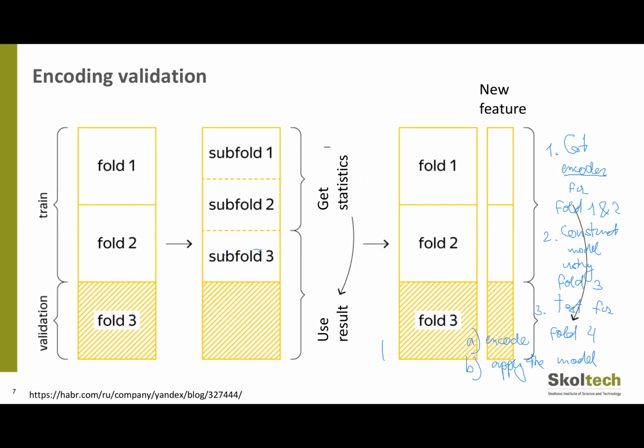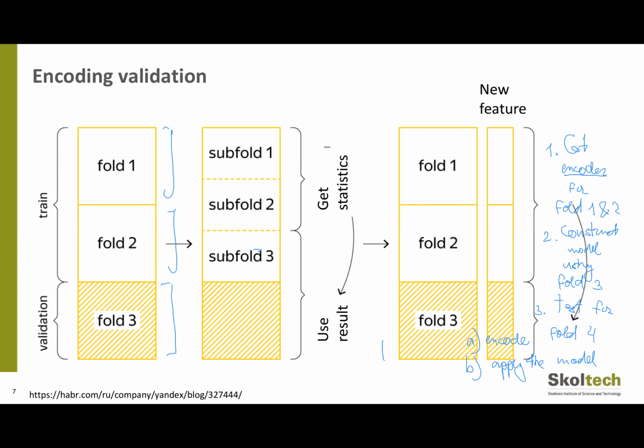So basically what you are doing, you say that, okay, you have some folds, let's split them into sub-folds and get this encoding for the last fold. So you have these folds that are taken out of our training sample and then included back. In this case, it's okay, and we have this particular encoder for each part of the data.